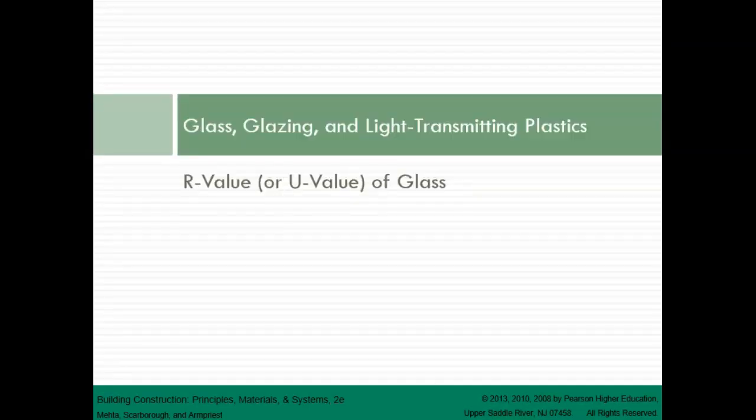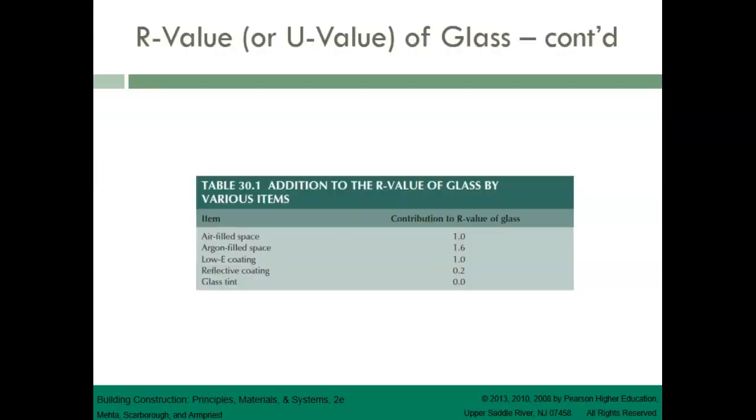Let's take a quick look at R value or U value of glass. Knowing that the R value of a single sheet of glass is approximately 1, the approximate R values or U values of other glass products can be obtained from Table 30.1.